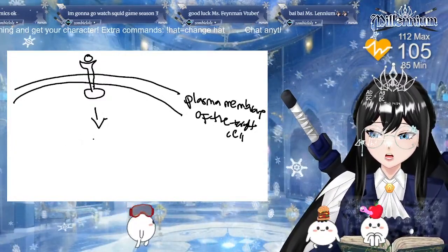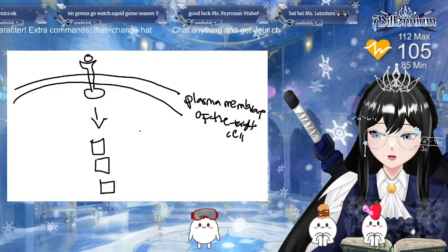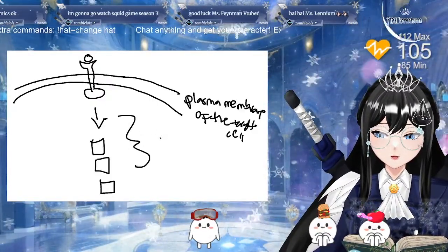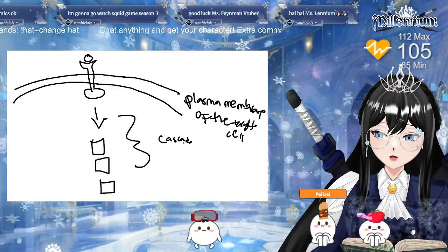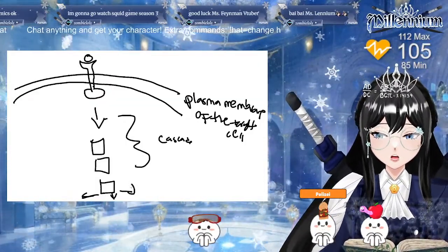You go down, and this will be your secondary messengers. And then they just relay it to the cascade, and then different enzymes after that. Yeah, I think that one works.